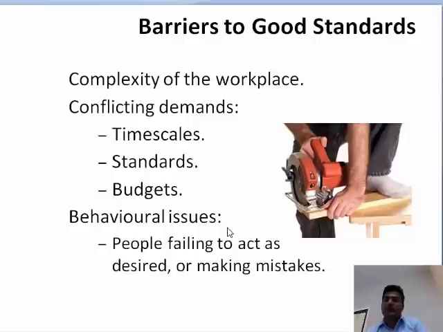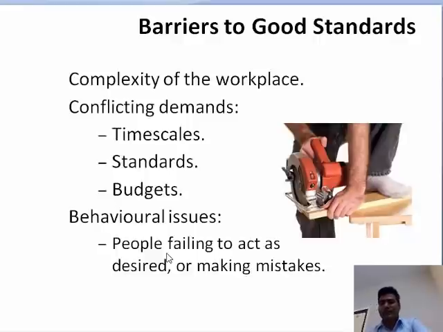Behavioral issue is also a barrier to a good standard of health and safety at the workplace, because people want to bypass safety, failing to act as desired or making mistakes. People always make mistakes, or they want to do as their mind tells them.